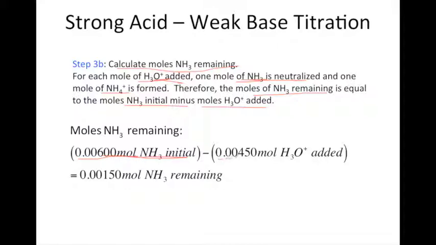And then we just calculated that we've added 0.0045 moles of hydronium in the previous step. We just showed you that. So we subtract those two because for every mole of acid that we add, we're losing or neutralizing a mole of ammonia. So how many moles of ammonia do we have remaining? We just subtract those and get 0.00150 moles of ammonia remaining.